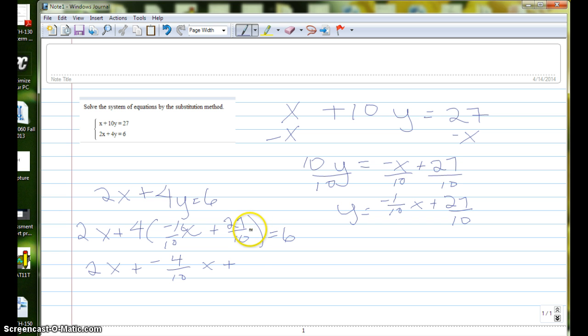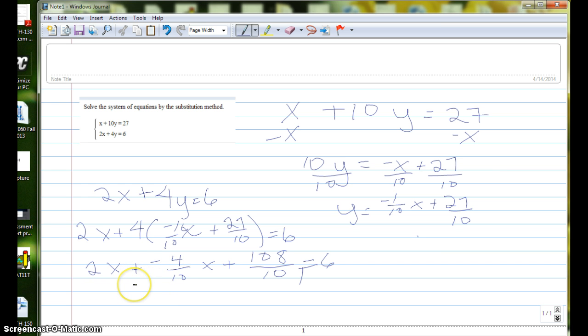So that would be 108 over 10, equals 6. And now you can use your calculator to add these fractions.